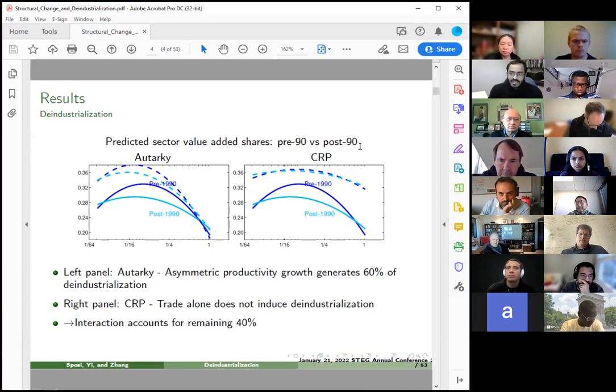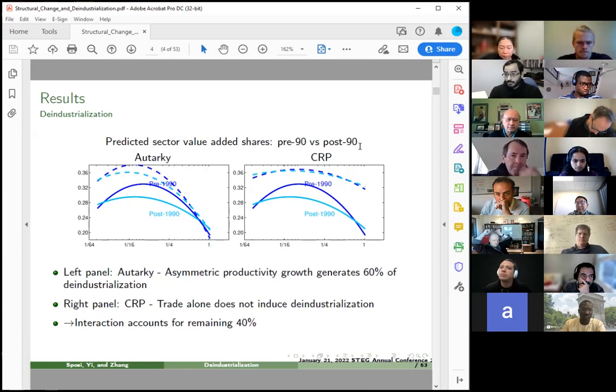So this basically says that trade integration alone, which is the only driving force taking place in this scenario, contributes nothing on its own to deindustrialization. And now by induction, the interaction of these two forces accounts for the remaining 40%. I'll come back to the intuition on that interaction effect a little bit later on.